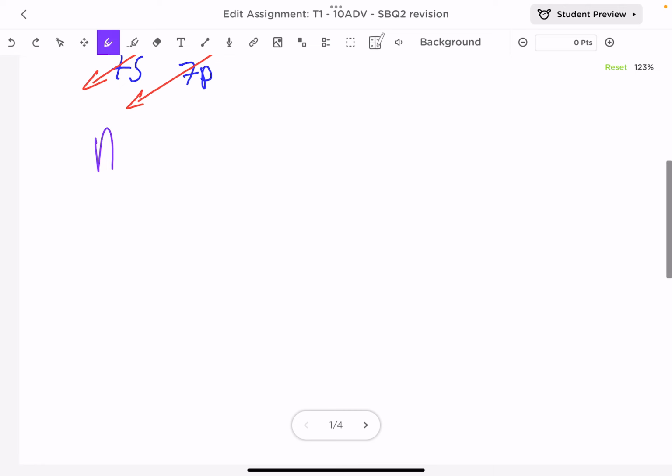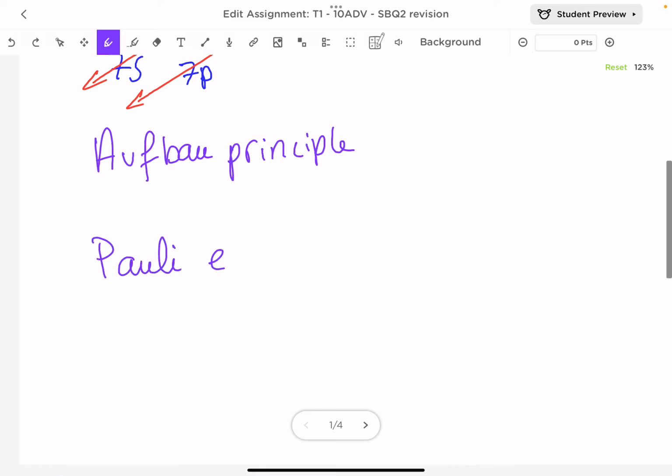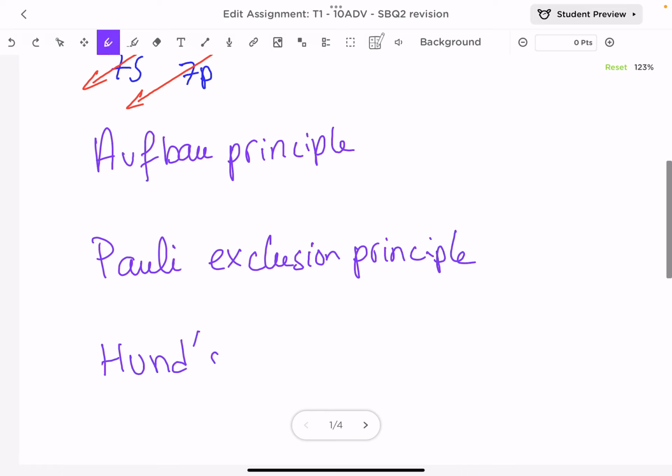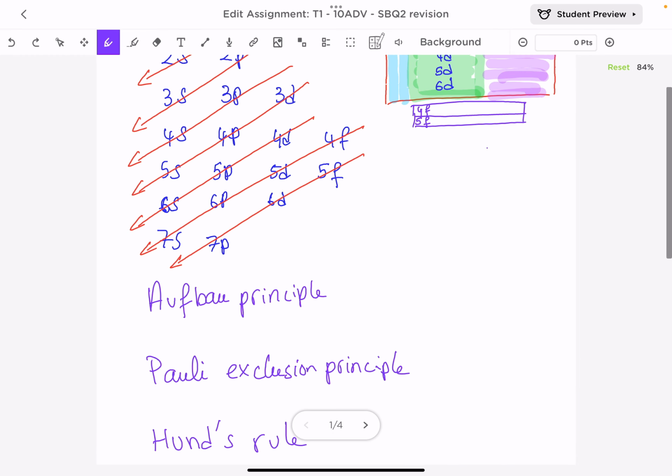We have the Aufbau principle, we have the Pauli exclusion principle, and we have Hund's rule. By simply writing this diagram and following it, you are applying the Aufbau principle.